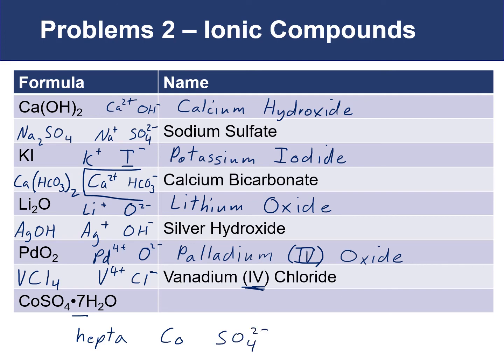Sulfate ion, it's a polyatomic ion that will take on a -2 charge. In order to balance out the charges, the cobalt has to be a 2 plus. So this would be cobalt 2, because that's the charge on the cobalt, sulfate hepta hydrate.